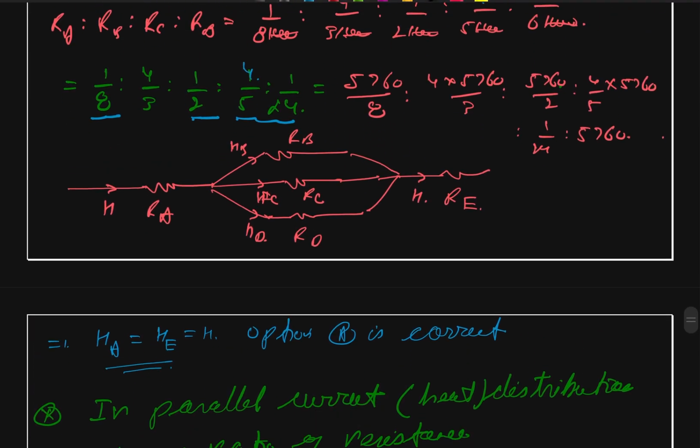And we have 5760 multiplied by 4 divided by 5, 4608.